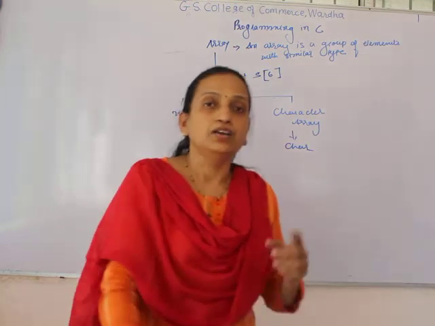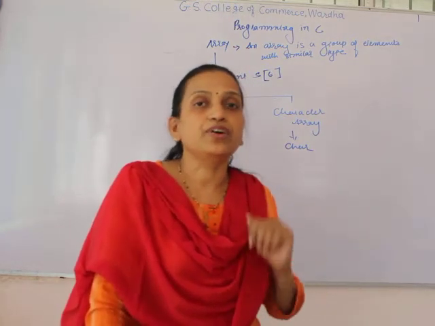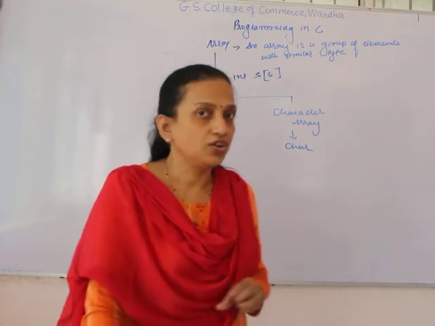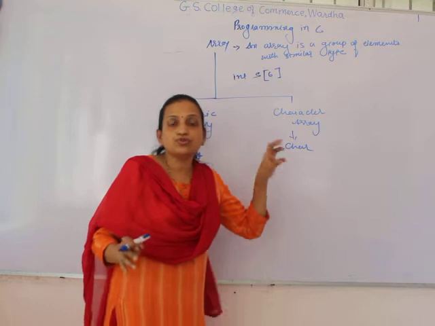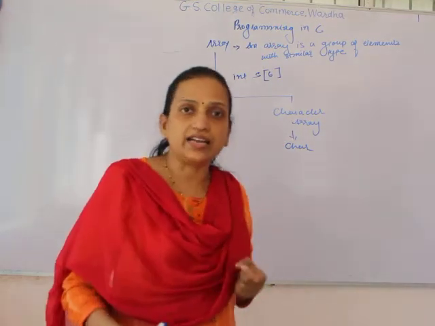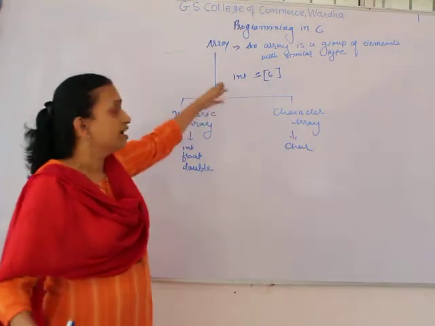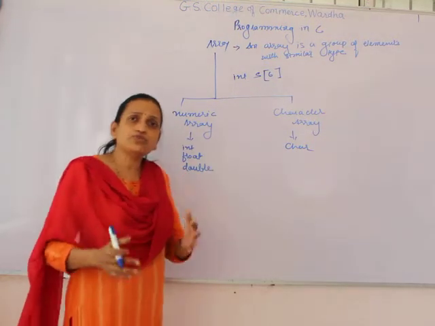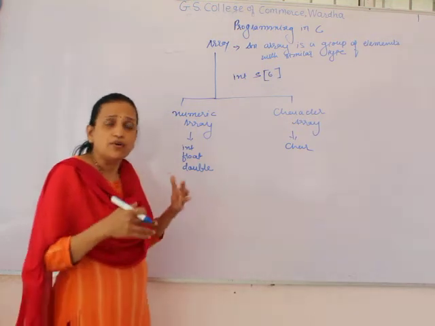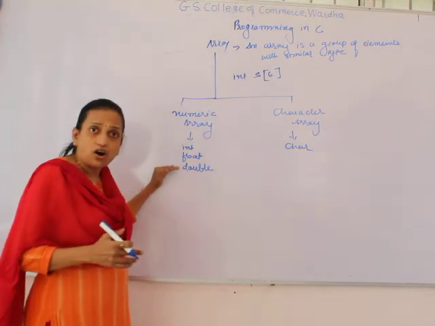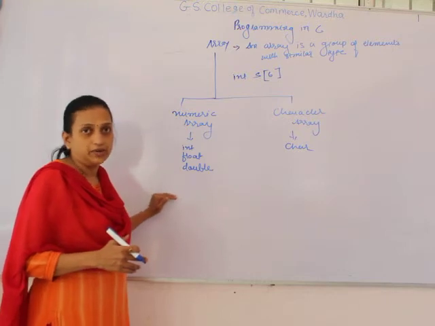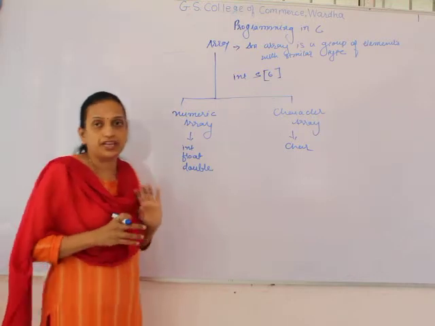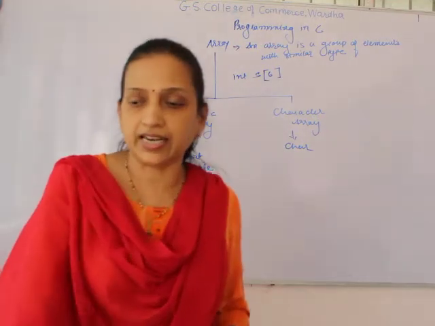For example, if you remember, I taught you an example to check whether the entered character is a vowel or not. When you want to store character values, the array must be of char type. But if you want to store numeric values, which may be of integer, float or double type, that kind of array is a numeric array. I hope you understand this.